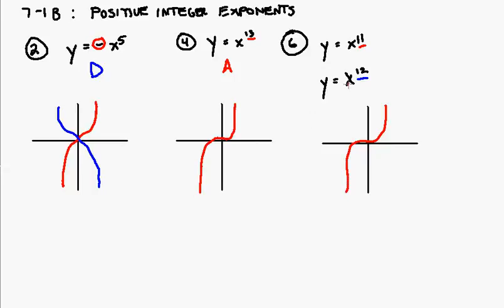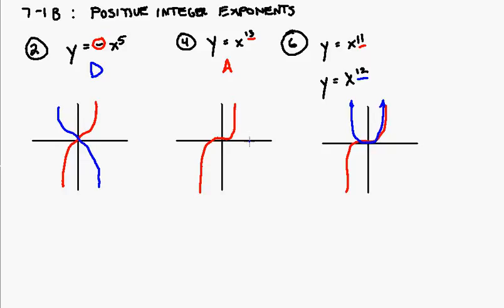Okay, and then x to the 12th, blue, it's going to be very similar to begin with here. So it's going to come in like so, but then instead of going down, it's going to go back up like so, because this is symmetrical about the y-axis, whereas the red graph is symmetrical about the origin.